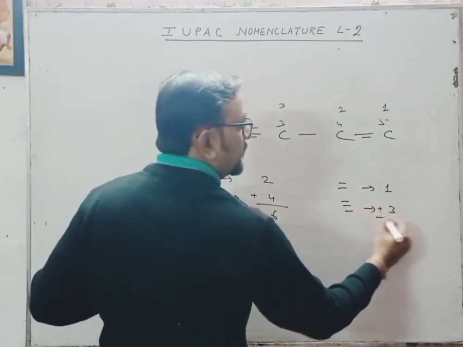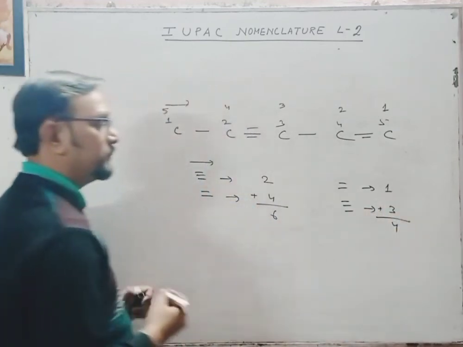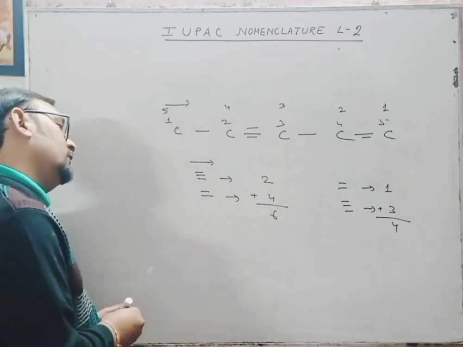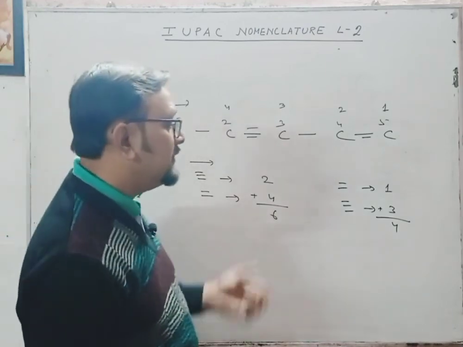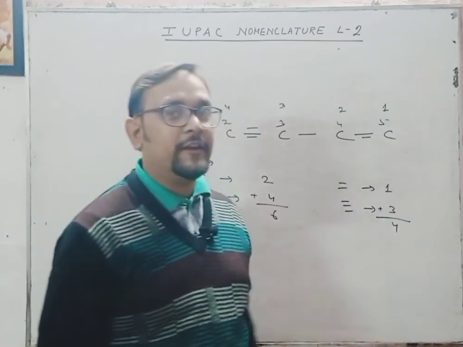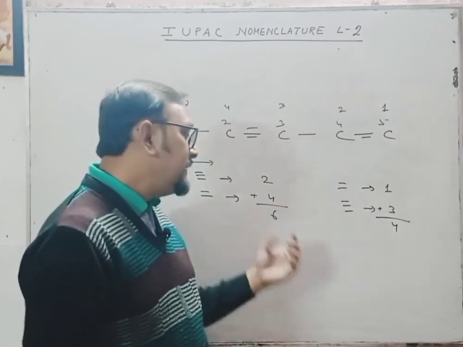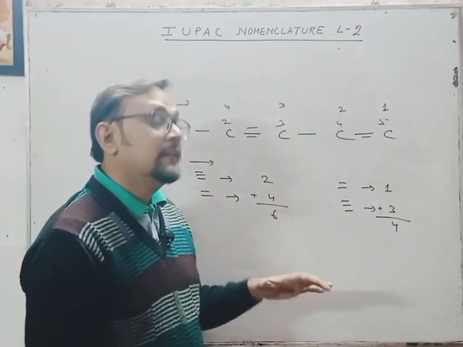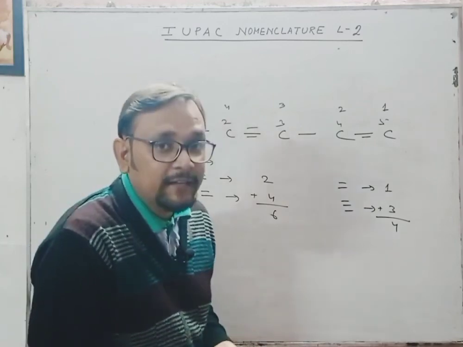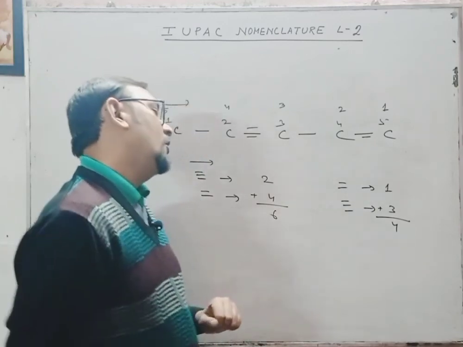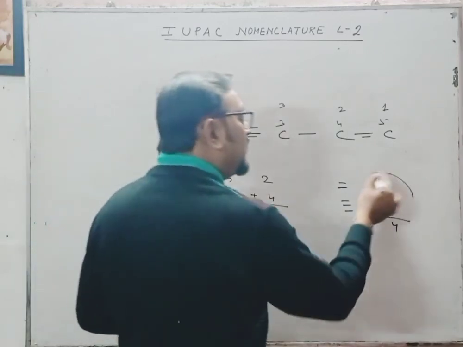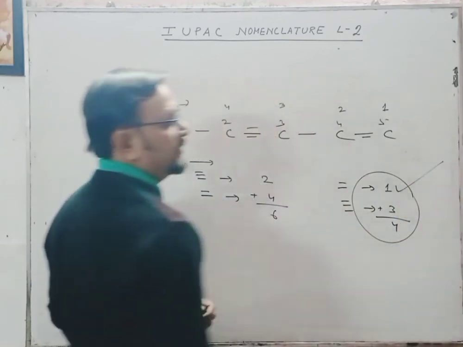Now if I add it up, I see 4 is coming. Because in this case the summations are coming different, what shall I do? Always go by the minimum summation.